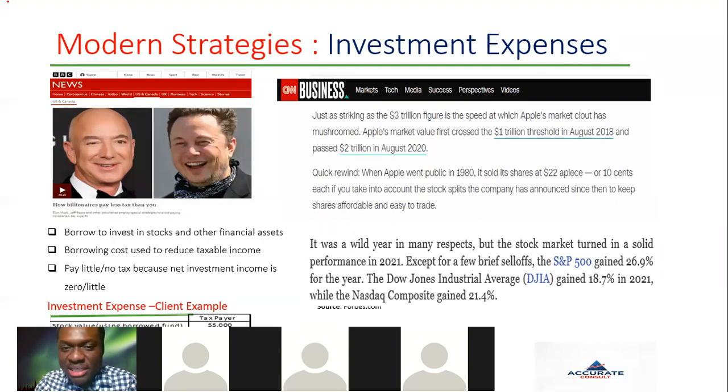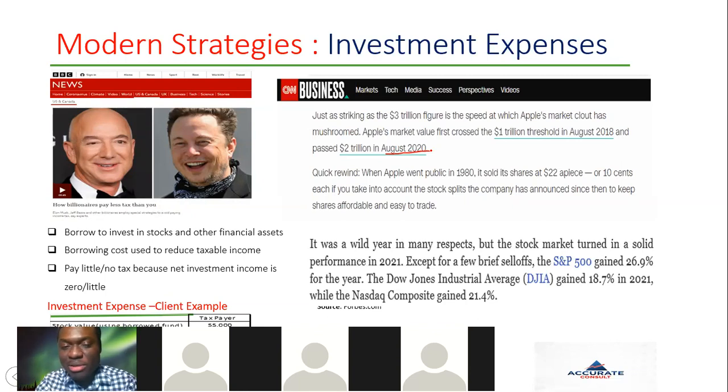Looking at Apple between 2018 and 2021, Apple's value tripled, it grew 300% in 3 or 4 years.